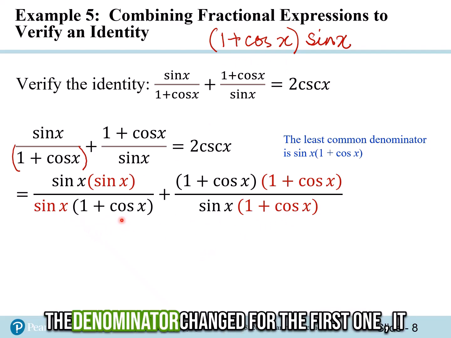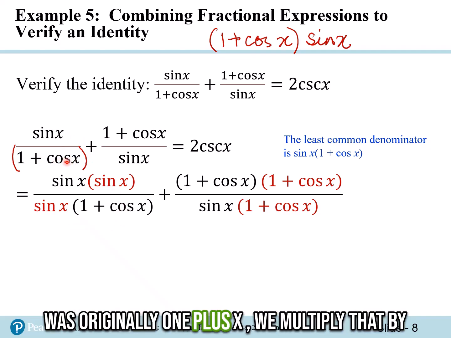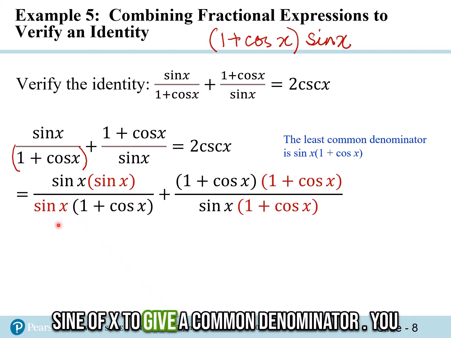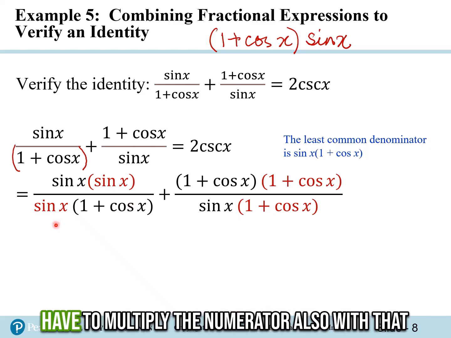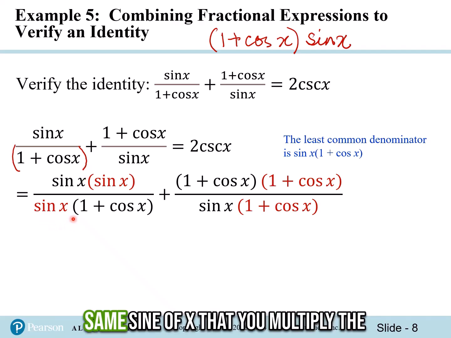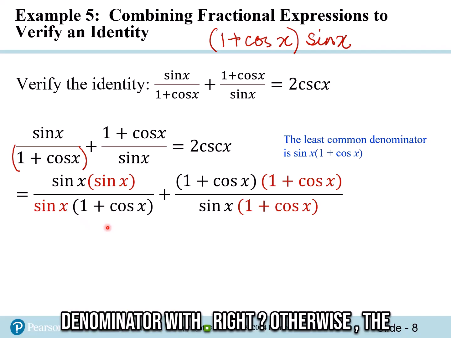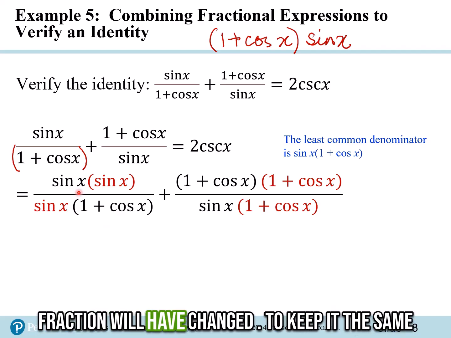However, since the denominator changed for the first one, it was originally 1 plus cos x, we multiplied that by sine of x to give a common denominator. You have to multiply the numerator also with that same sine of x that you multiplied the denominator with. Otherwise, the fraction will have changed.